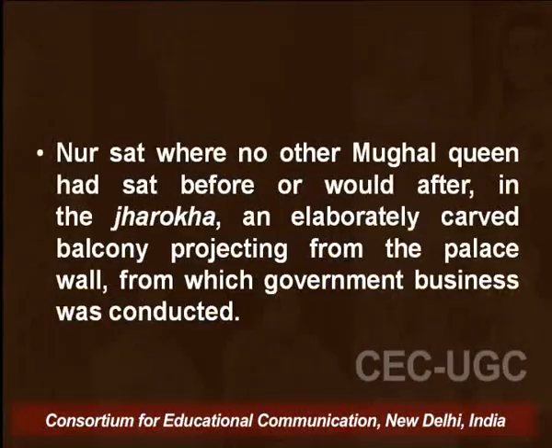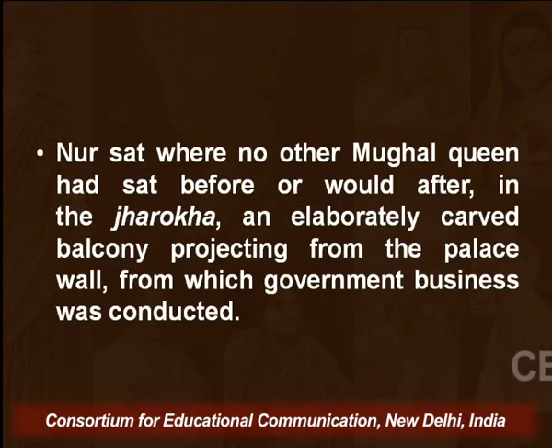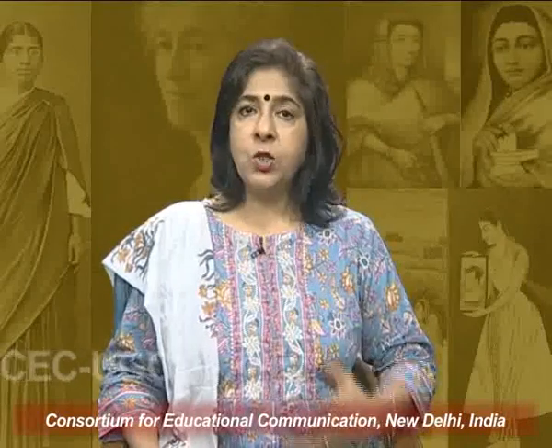She sat where no other Mughal queen had sat before or would after, that is in the Jharokha, an elaborately carved balcony projecting from the palace wall, from which most of the government business was conducted. By sitting in the Jharokha, she made an emphatic statement that she meant business and was not to be merely considered as the wife.